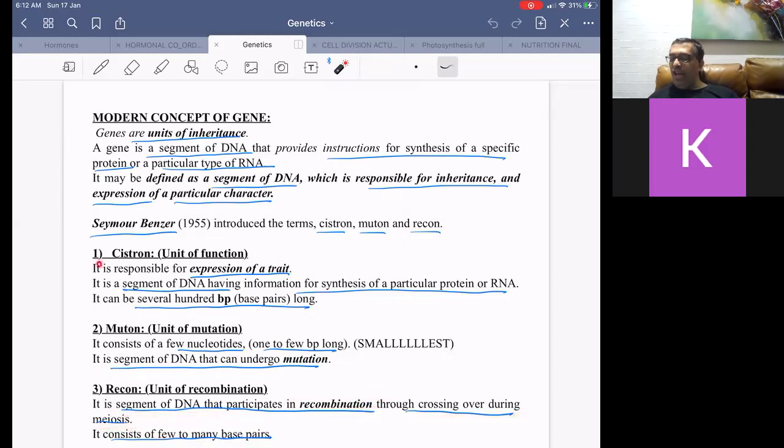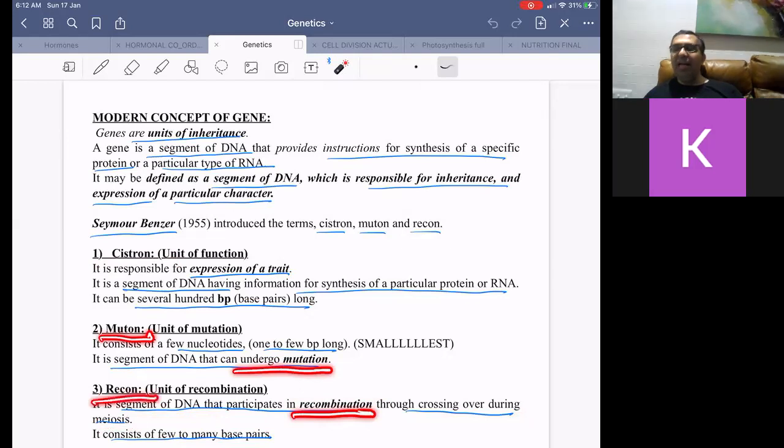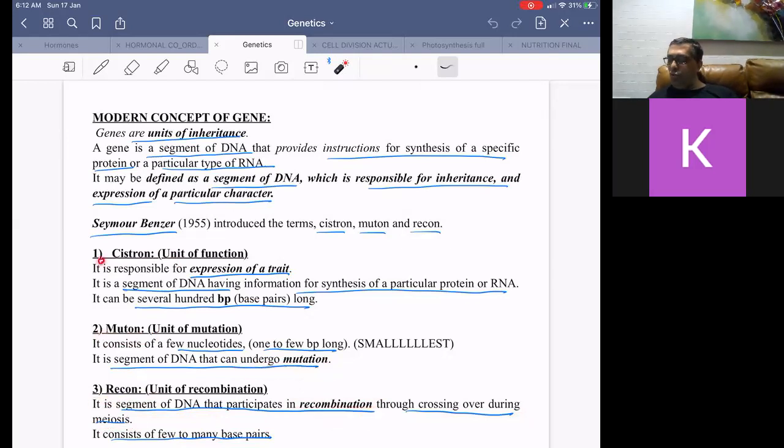So एक जीन जो एक्सप्रेस करता है उसे क्या कहते हैं? सिस्ट्रॉन. एक जीन जो म्यूटेट करता है उसको क्या कहते हैं? म्यूटॉन. A gene which undergoes crossing over or recombination during meiosis, during pachytene, what is that called as? Recon. So cistron, muton, and recon are the modern concepts of gene suggested by Seymour Benzer.